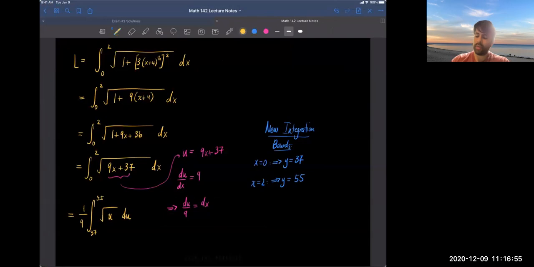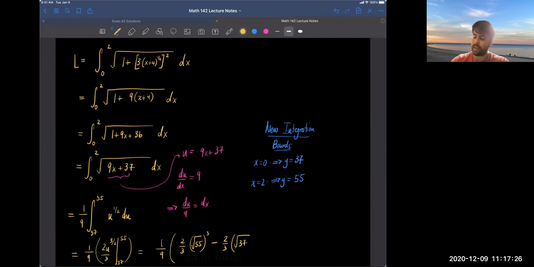And then the square root of u can be rewritten as u to the 1/2 power, which is easier, so I can find the antiderivative of this. And the antiderivative is 3/2, 2/3 thing again, right? Evaluated from 55 to 37. And this becomes 1/9 of 2/3 times the square root of 55 raised to the 3rd power minus 2/3 the square root of 37 to the 3rd power.